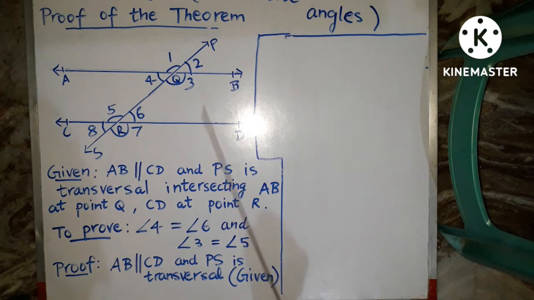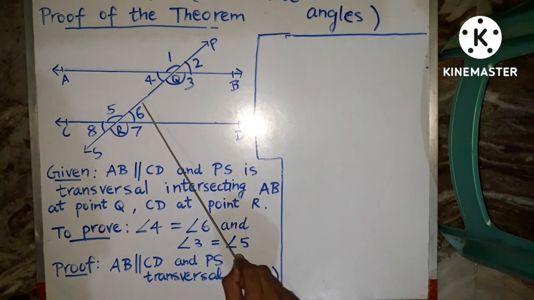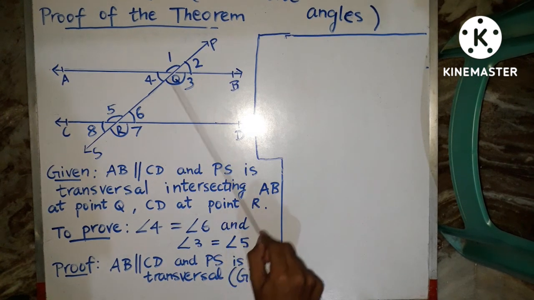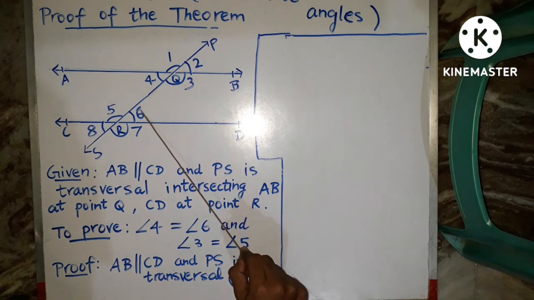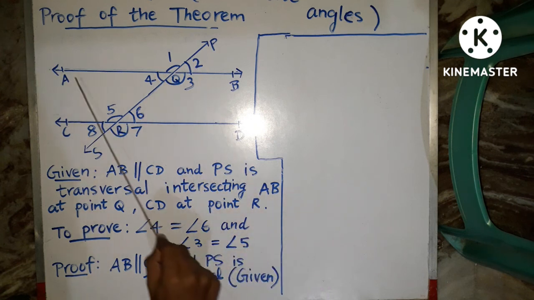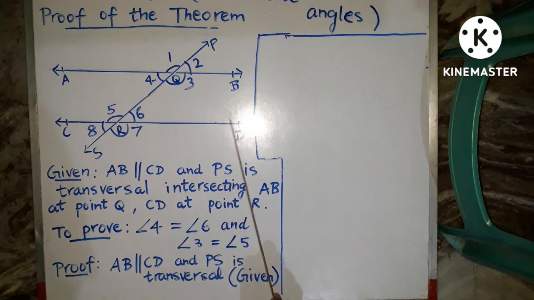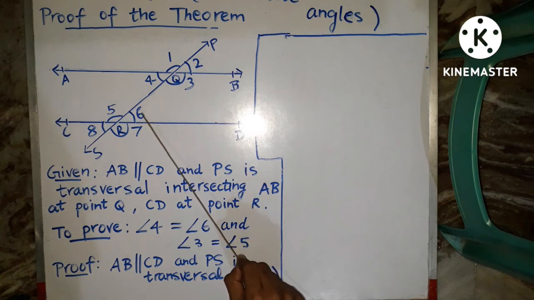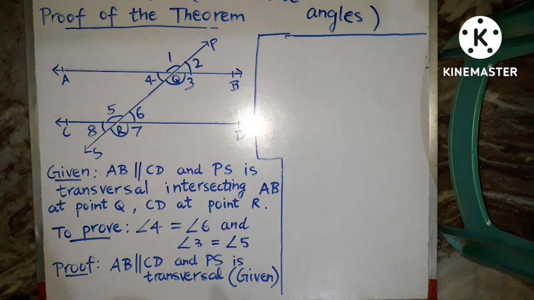We can see that angle 2 and angle 6 are forming a pair of corresponding angles. So when two lines are parallel, we know that the pairs of corresponding angles are equal. So angle 2 is equal to angle 6 because they are corresponding angles.